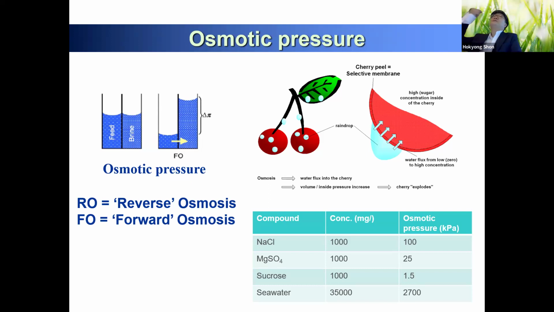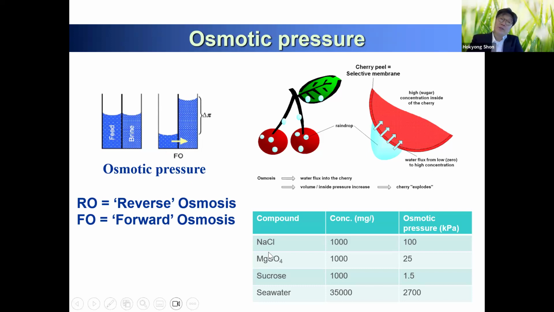But our bloodstream has a very low concentration of salt, let's say less than 1 gram per liter. And seawater has 35 gram per liter, 3.5%. So what's the osmotic pressure?